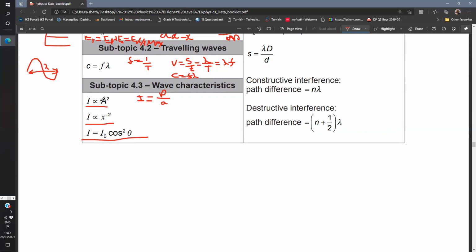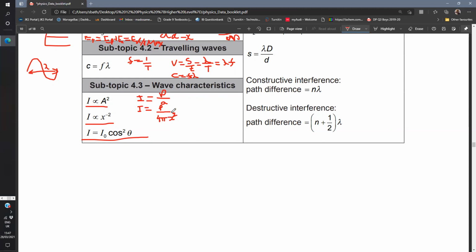So I is equal to P over 4 pi x squared, and x squared is the radius of the sphere, as a matter of fact.